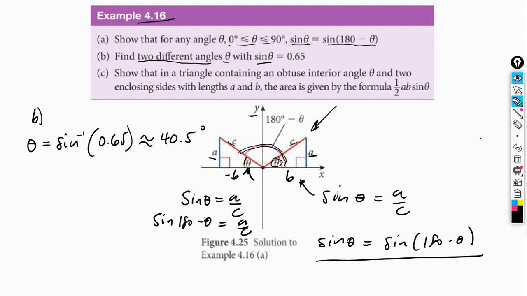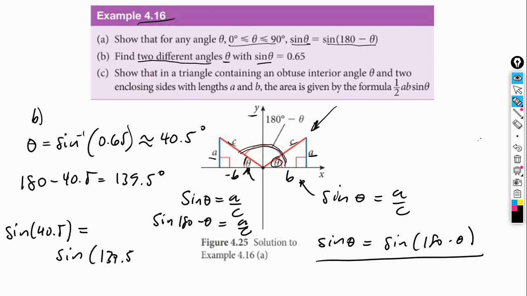So what would be another angle theta that would be equal to this? Well, it would be 180 minus 40.5, and this is going to give us 139.5 degrees.